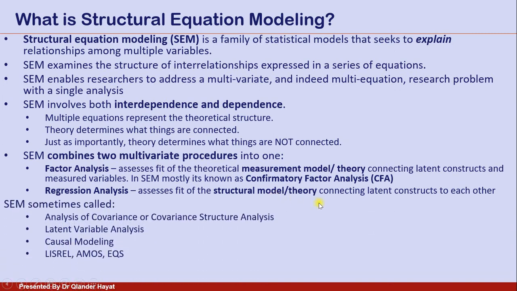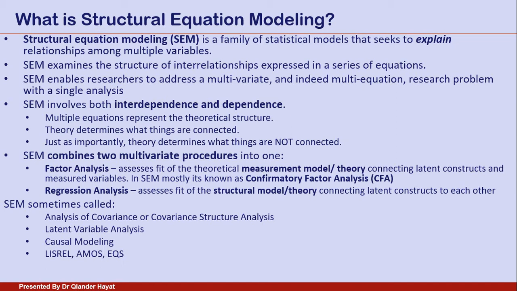Okay. SEM is sometimes called analysis of covariance or covariance structure analysis. The other name of SEM is latent variable analysis, or it can be called causal modeling, and this can be done in LISREL, AMOS or EQS.